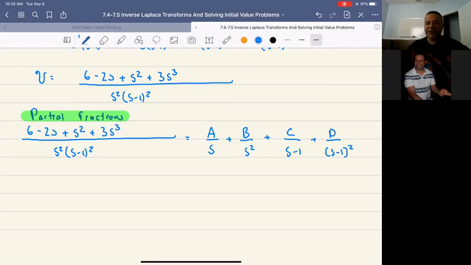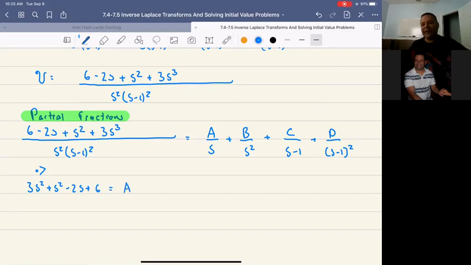So now, doing the common denominators on the right-hand side. Let me write it in order from largest to smallest: 3s squared plus s squared minus 2s plus 6 equals a.